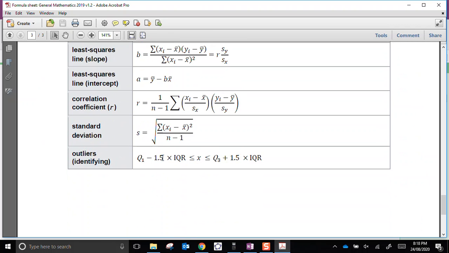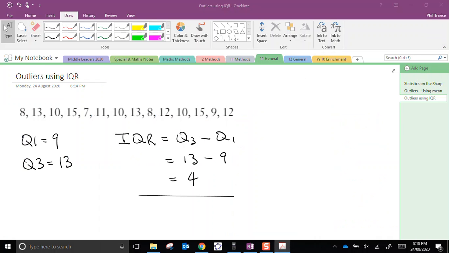And here is our rule for outliers using quartiles. So Q1, take 1.5 times the interquartile range, or Q3 plus 1.5 times the interquartile range. So that's all the stuff we need to know. Q1, Q3 and IQR. We already have worked those out over here.